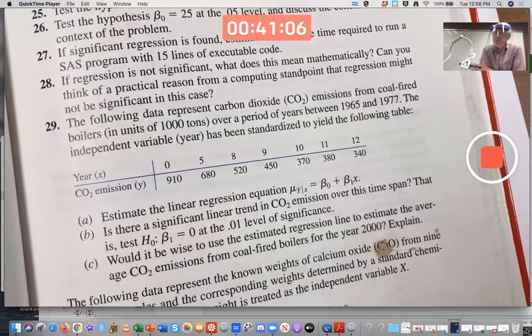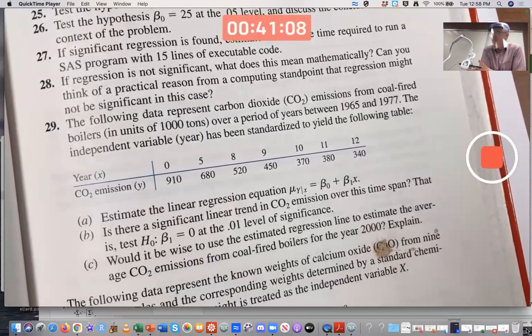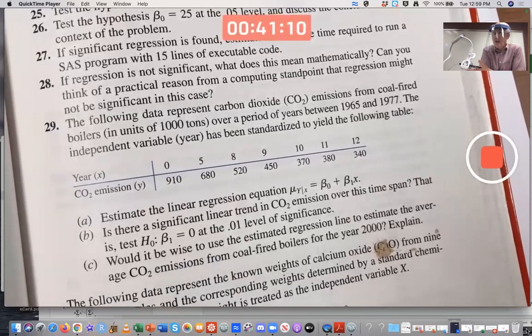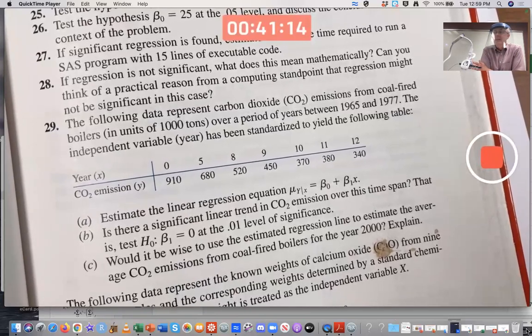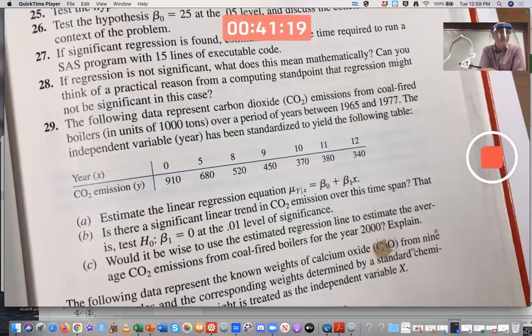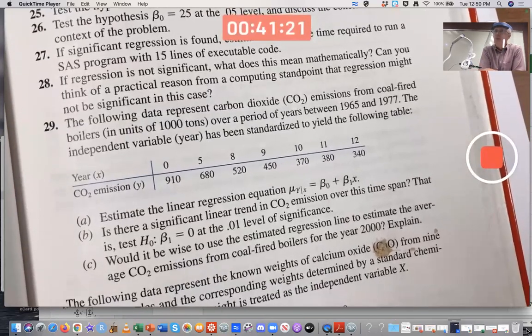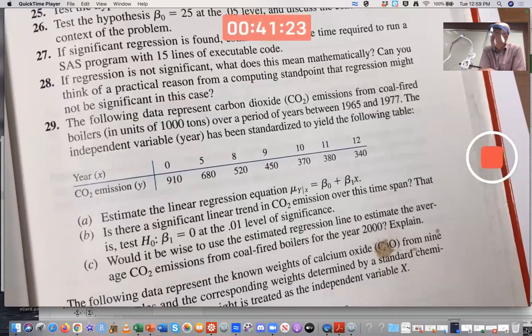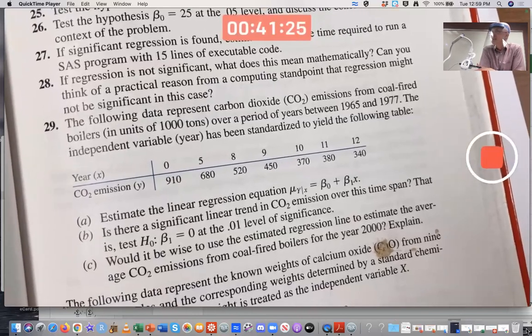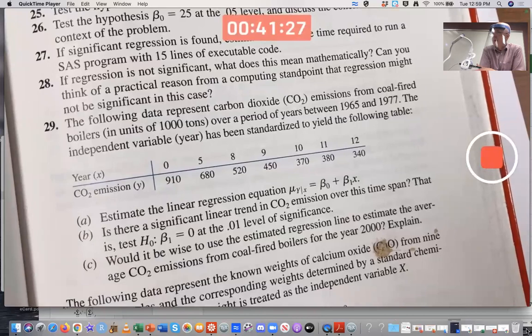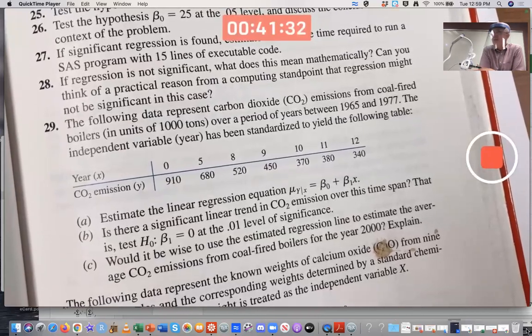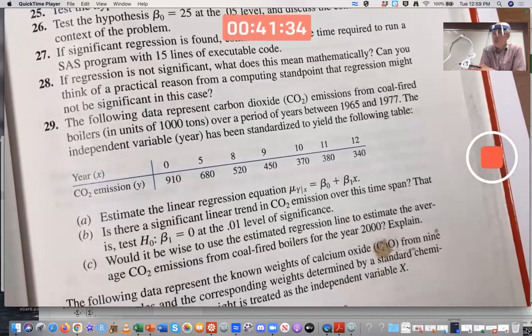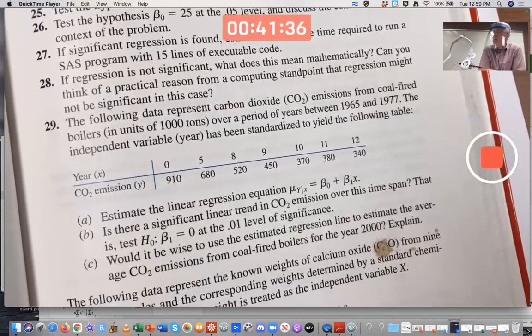You do, in the theory, in the beginning of chapter 11, if you've done the reading, you might remember there is some theoretical discussion about the X values being fixed. You, in a sense, choose the X values, and the corresponding Y values being from a random sample. For each given X, you've got a random sample in this case of one boiler, and the Y value is the CO2 emissions from that one boiler.